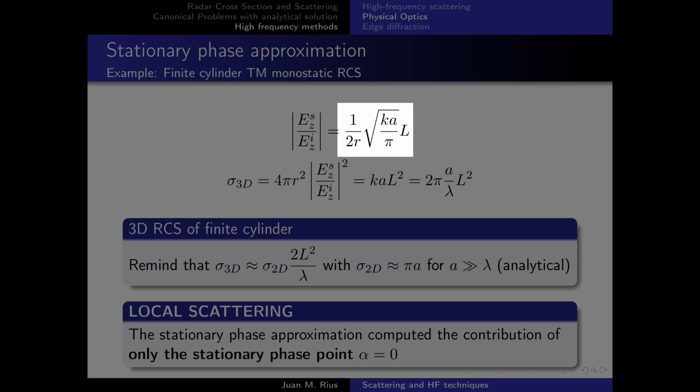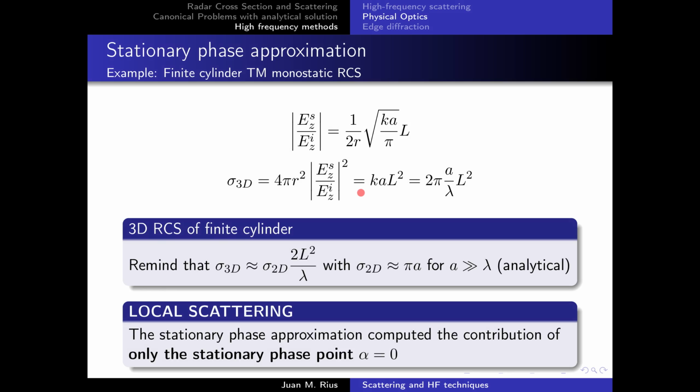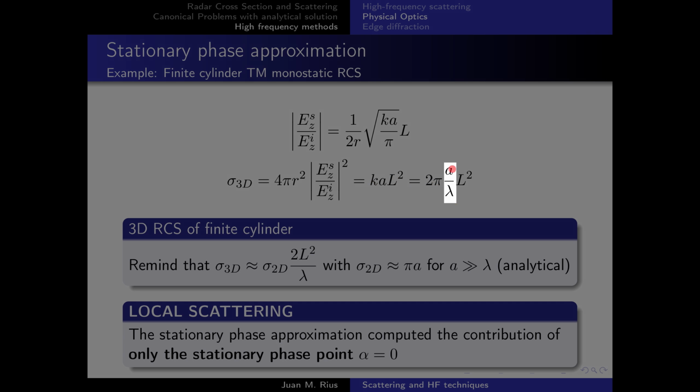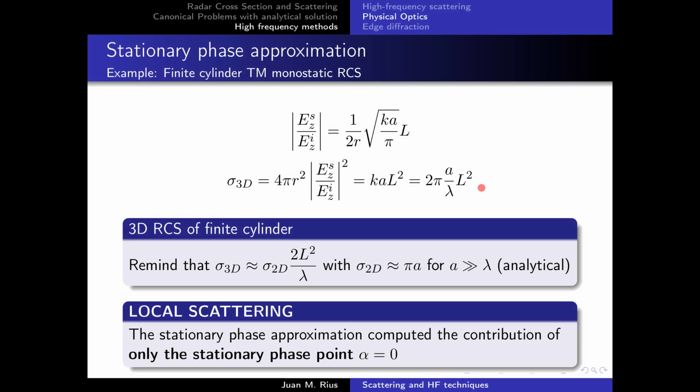We replace the result that we obtained, and the three-dimensional RCS is k a L squared. If we replace k by 2 pi over lambda, it equals 2 pi a over lambda, which is the electrical radius, the radius compared with lambda, times L squared. L is the length of the cylinder.